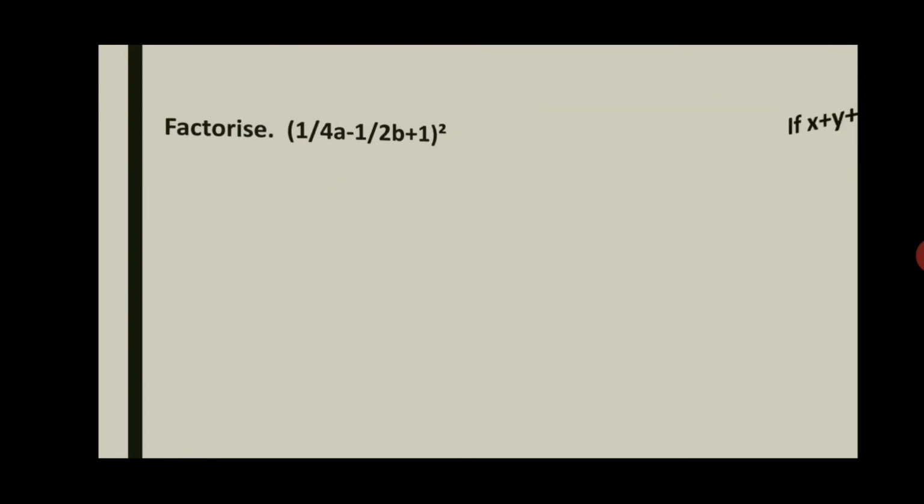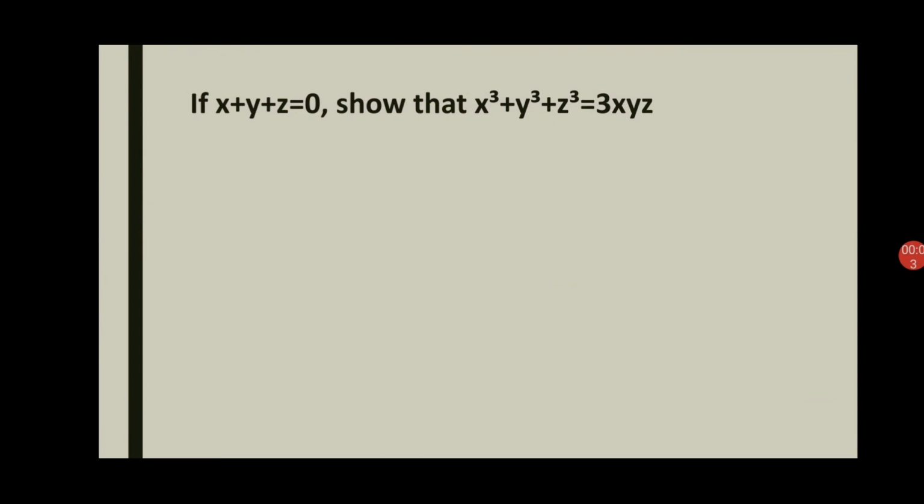Now, let us move to one more problem. If x plus y plus z is equal to 0, show that x cube plus y cube plus z cube is equal to 3xyz. How can we factorize this? Simply using suitable identity, we can simplify this.